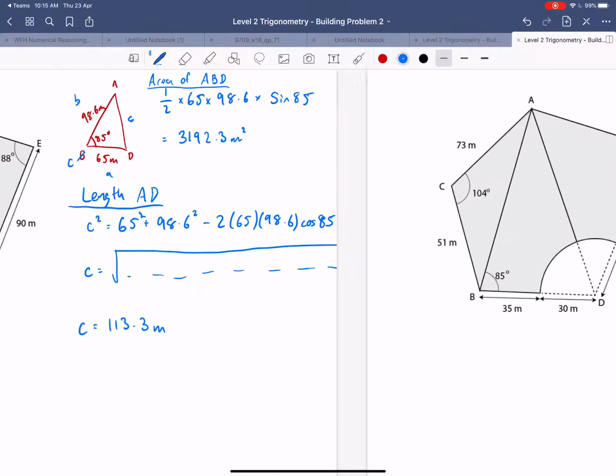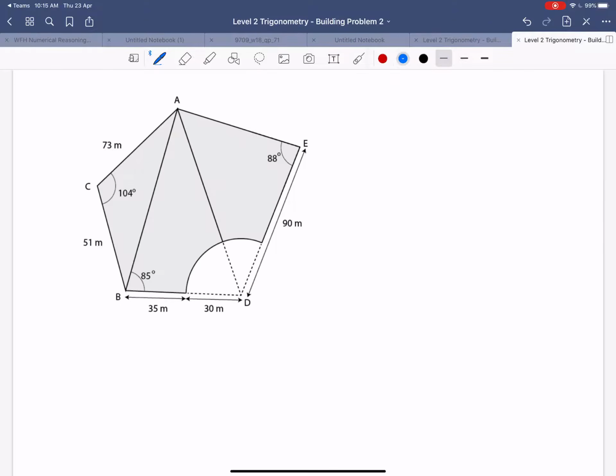So we've just worked out that length AD is 113.3 meters. Okay, again, the triangle we've got here has got a little sector moved out, so I'm just going to draw a quick sketch of it to one side.